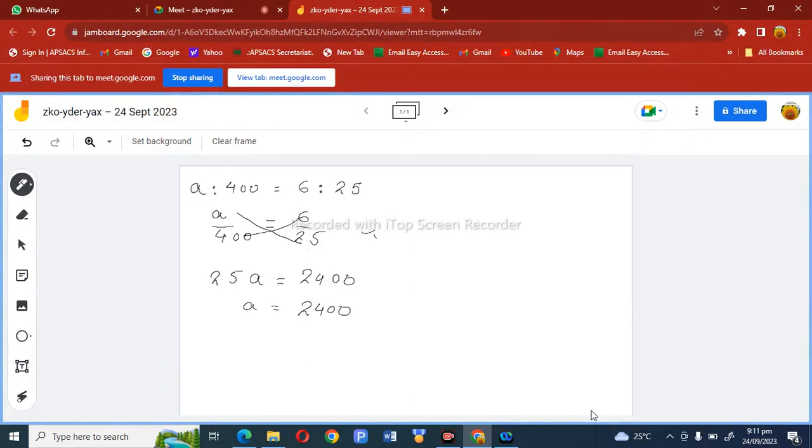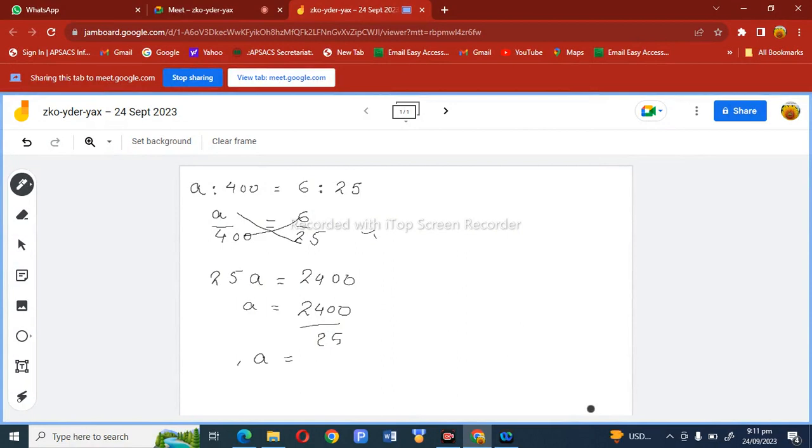This 25 is multiplying with A, it will come to this side and be divided. So A is equal to 2400 over 25.